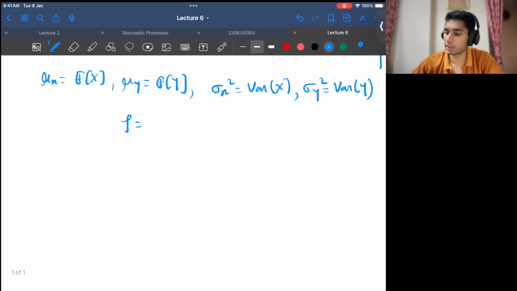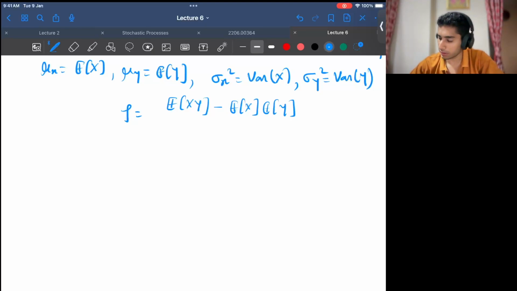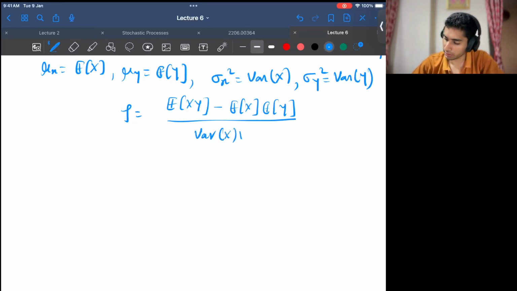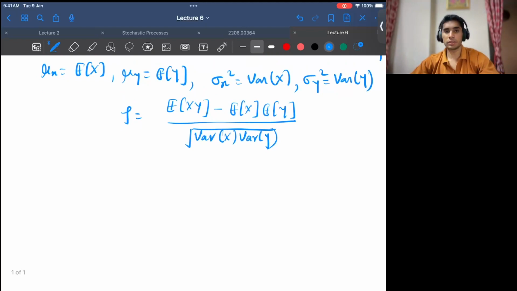Rho is your correlation coefficient, which is equal to the expected value of xy minus expected value of x times expected value of y, divided by the square root of variance of x times variance of y, right? This is your rho, which is also called the correlation coefficient.